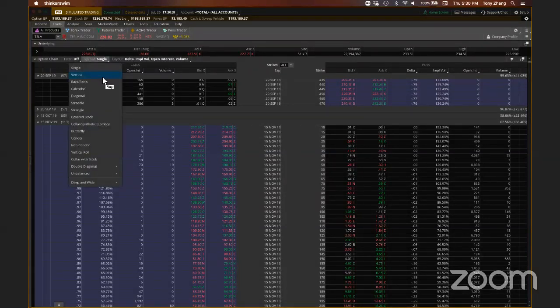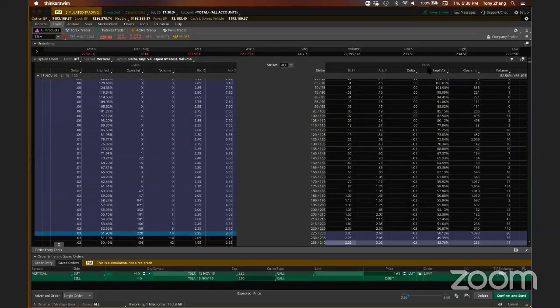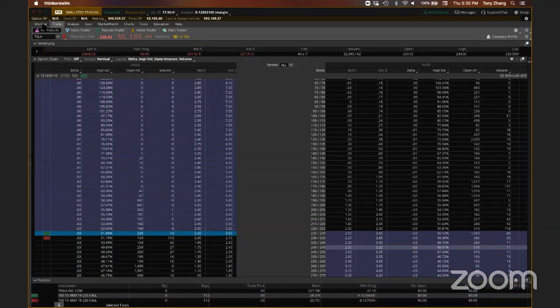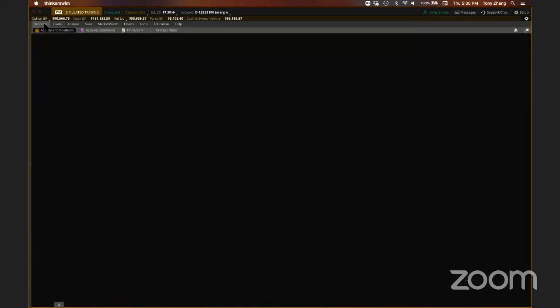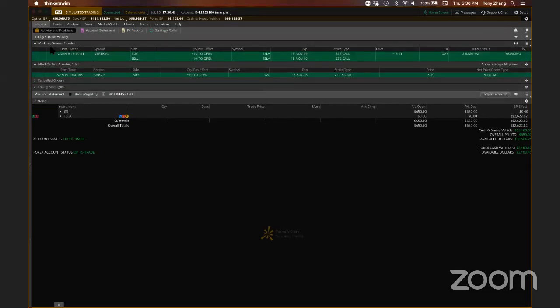Let's see, vertical. I don't know if this will let me do this. It's still a vertical, still a filled order.